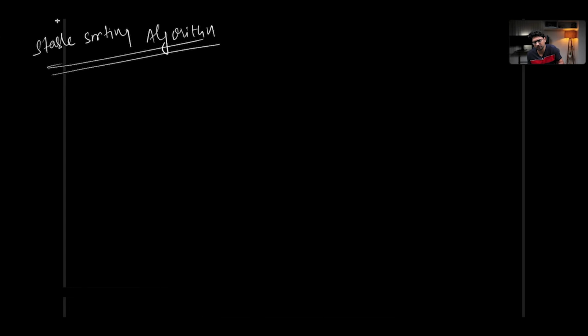Now I want to go a little deeper. In the last session I talked about something called a stable sorting algorithm. Does any of you remember which type of algorithm is called a stable sort? Let's say I have an array like this: 3 2 1 5 9 1.